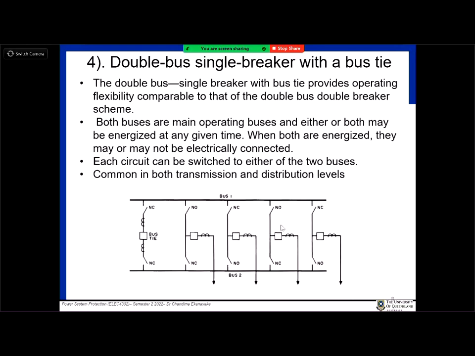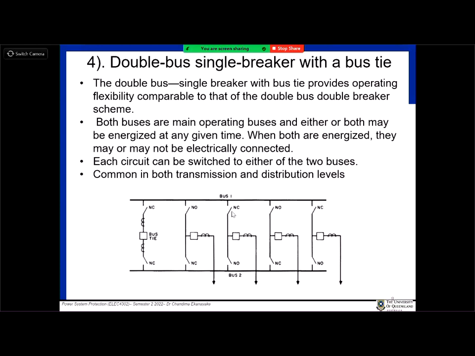This is another one, double bus single breaker with a bus tie. So this is another configuration, right? Each feeder has one breaker, and then some loads are connected to bus 1, some loads are connected to bus 2. Can you see that?